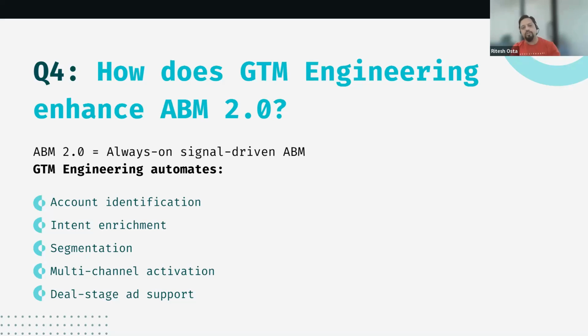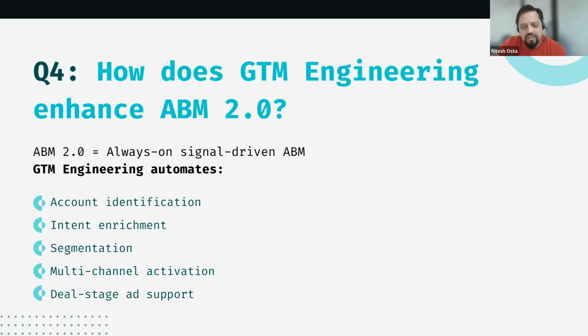So ABM 2.0 is ABM 1.0 plus automation plus AI. It's like ABM 1.0 on steroids. That is what ABM 2.0 is, in many ways. ABM 2.0 is integration between ads, precision targeting, personalization, email outreach, LinkedIn outreach, all of that working together, with AI and automation working on top of it.